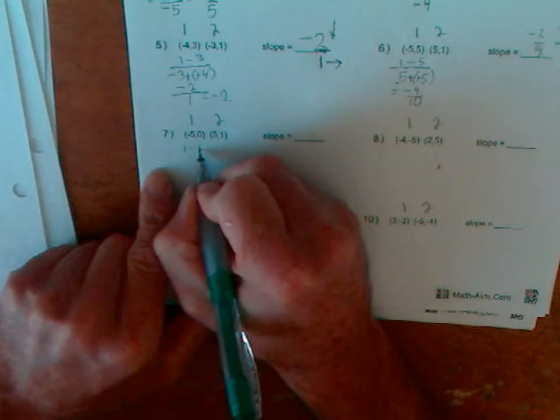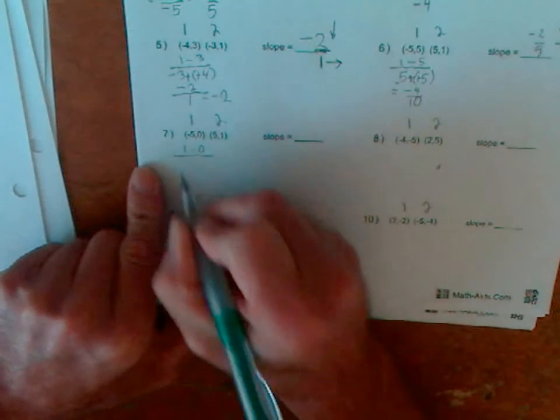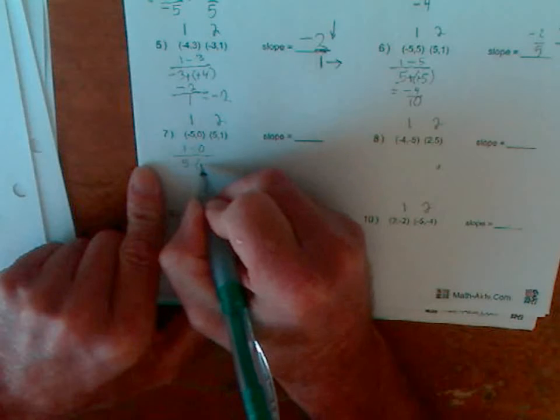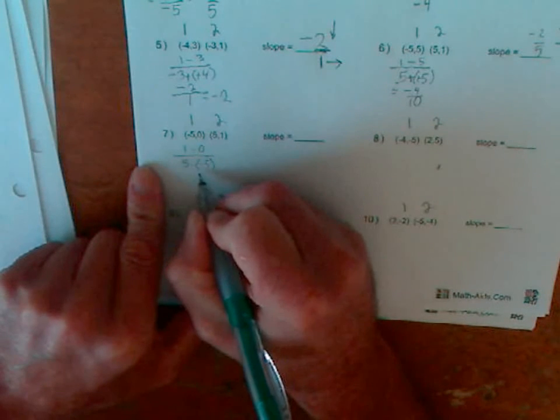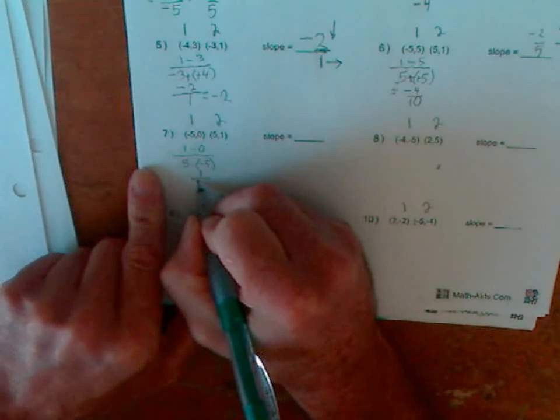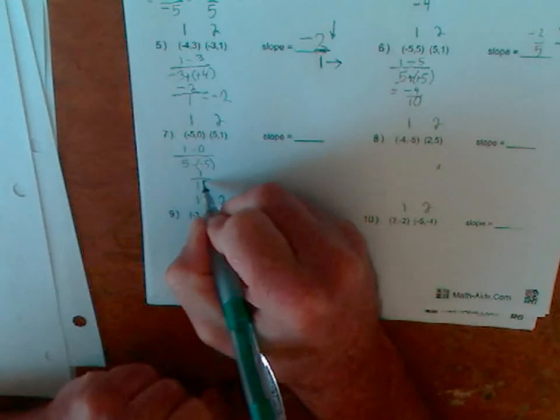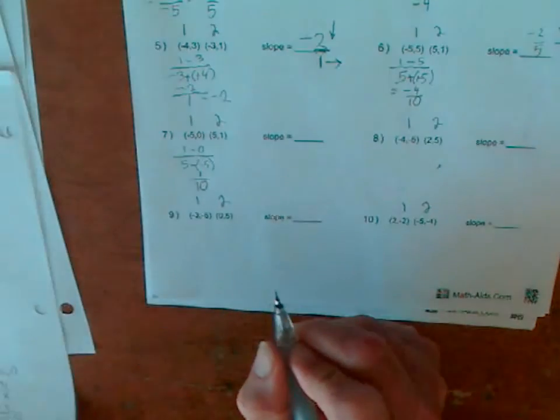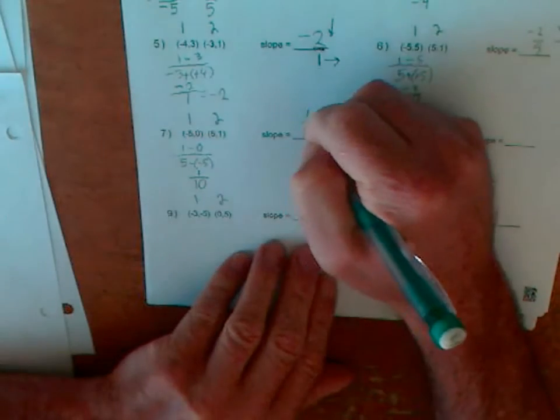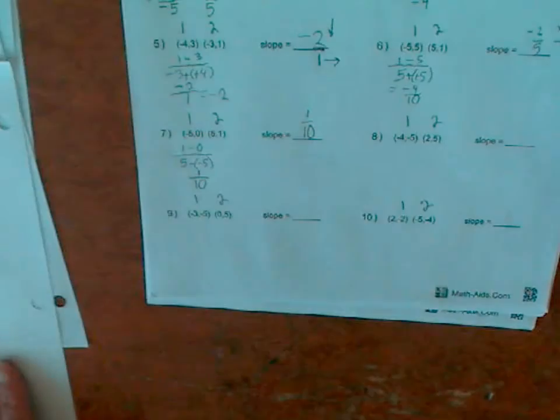Y minus 0, so 1 minus 0, and 5 minus negative 5. 1 over 10, 1/10. So that would be a positive line.